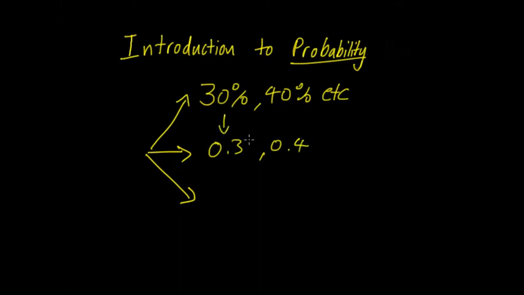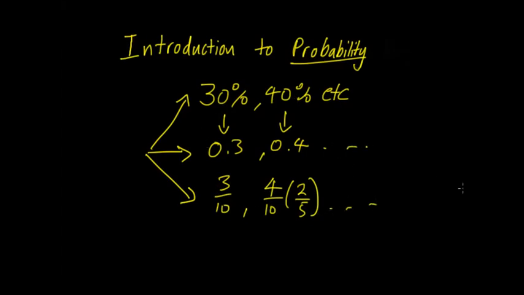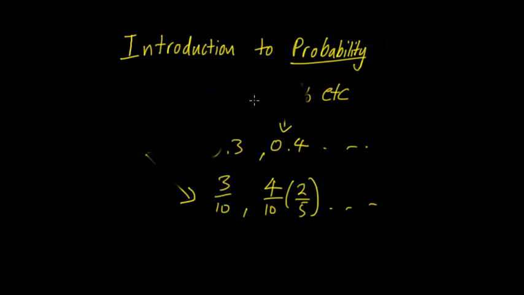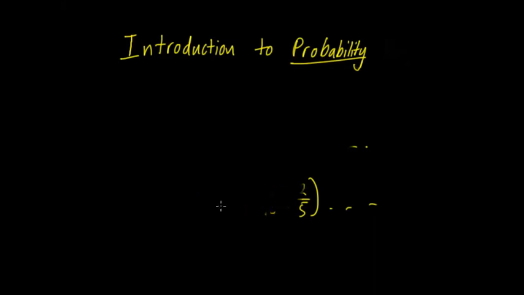So 0.3 is the same as 30%, 0.4 is the same as 40%, and then you can have fractions as well, ranging from 0 to 1. So let's say 3 on 10, 4 on 10, which simplifies down to 2 on 5, and so on. What this means is we mainly use decimals, because it's easier for calculations, and the decimals can range from 0 to 1.